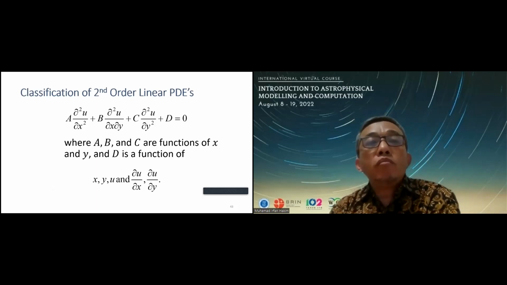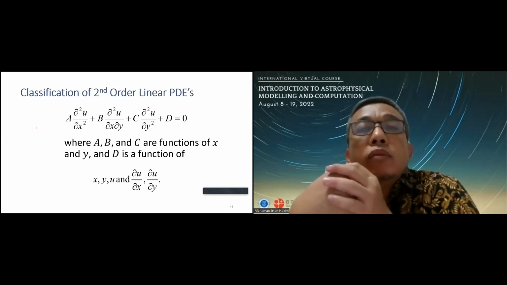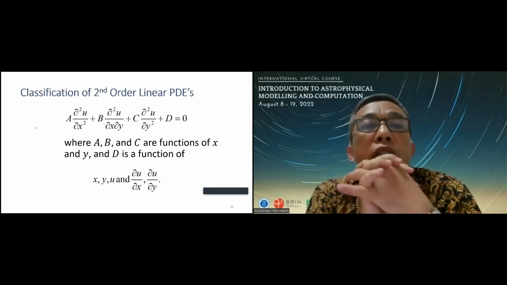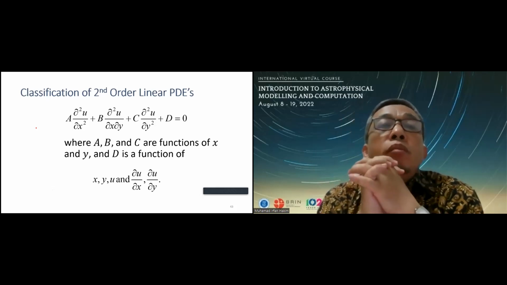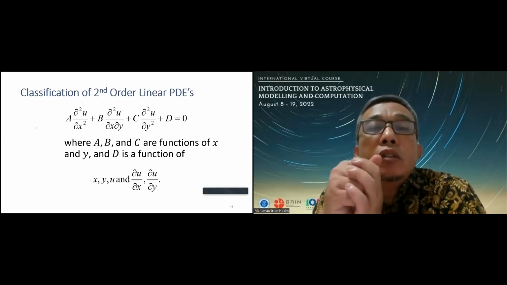Now, most partial differential equations are second order linear PDEs.